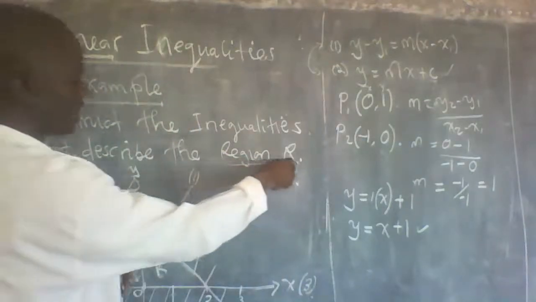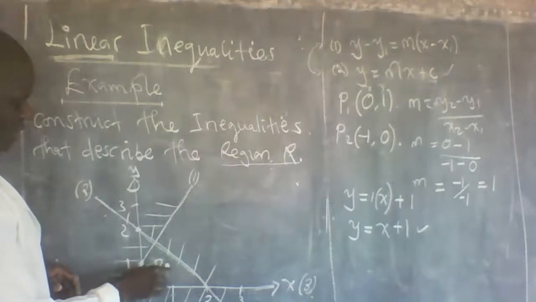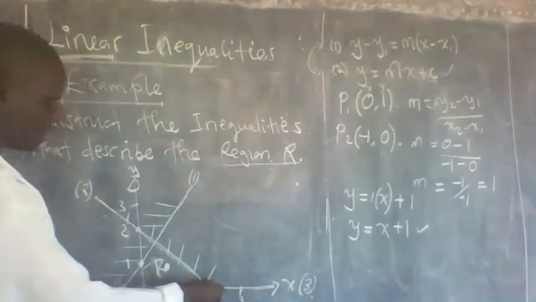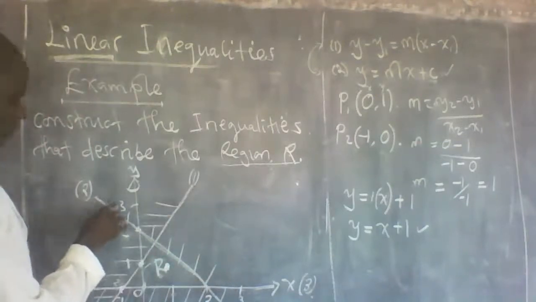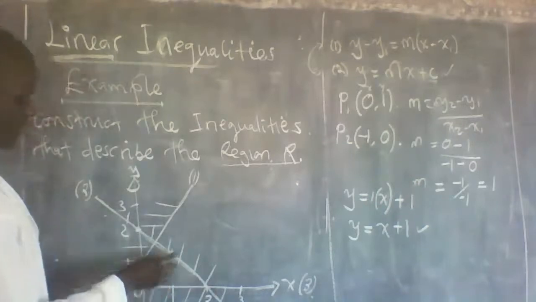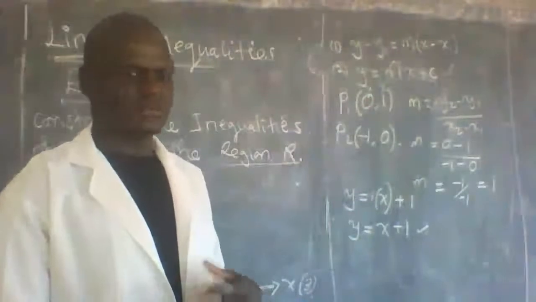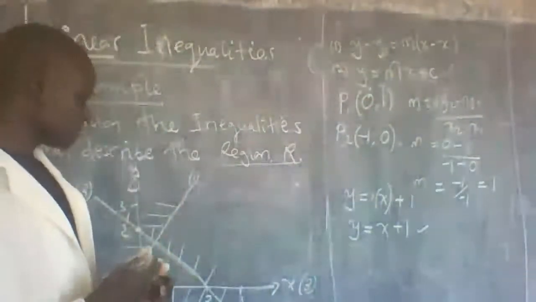Describe the region R. So within the region R, identify any points. This point we're going to use to test for this line, also this line, and this line, because it is within the region. If you want, you can have multiple points within the region, but so I'm not wasting time, just use one point.